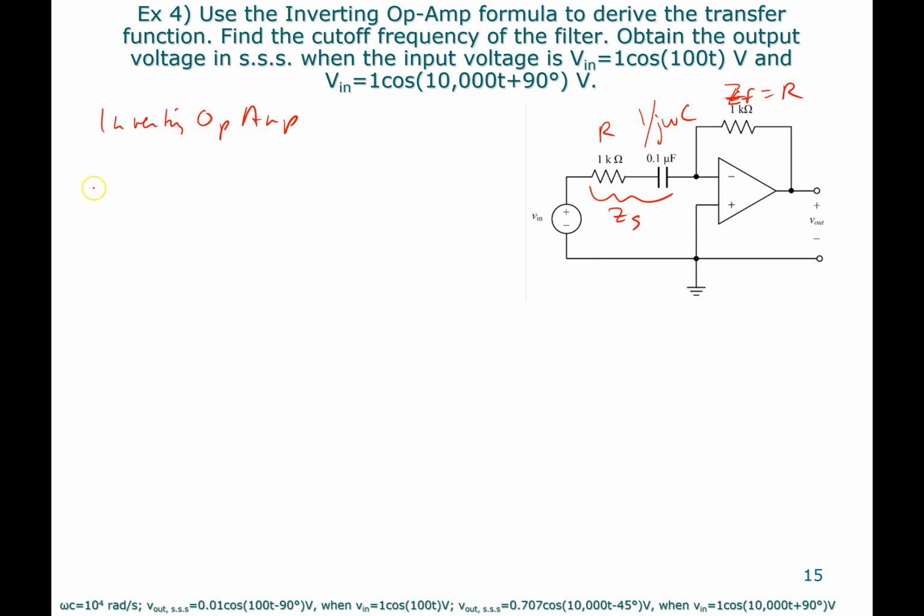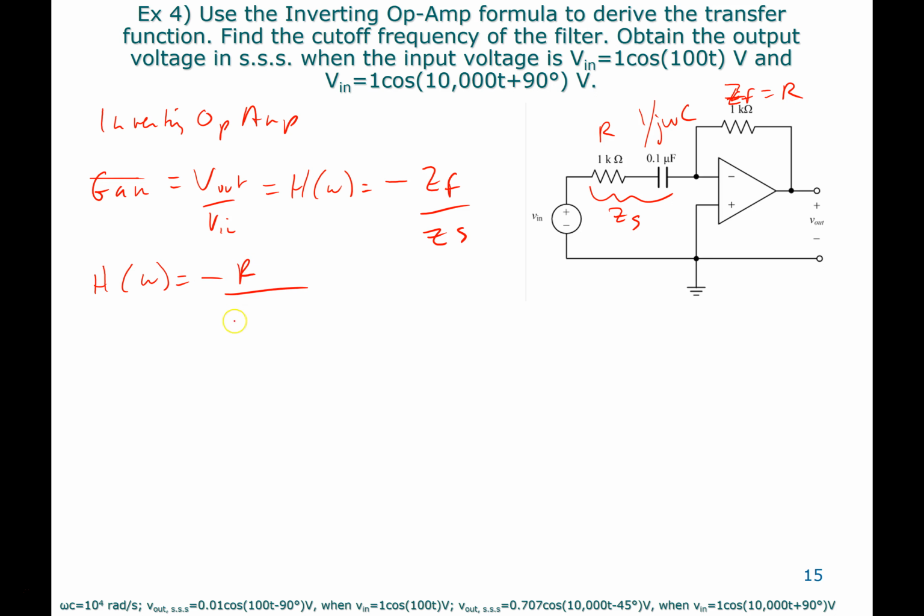And we know the gain of an inverting op amp is V out over V in, if those are phasors, and that's also the same thing as H of omega. And that's just minus ZF over ZS. Setting up the basics, not to spend too much time grinding through it, it's going to be minus R over (R plus 1 over j omega C).